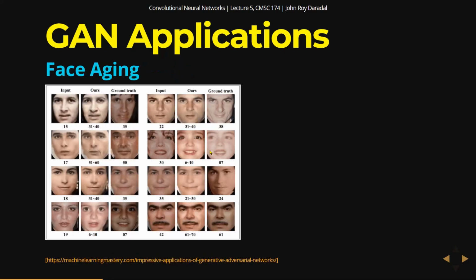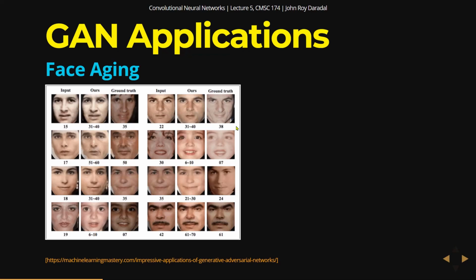And then face aging, so you try to estimate how a face would look if it's aged by, let's say, plus 10 years or plus 20 years and so on. Or even going backwards, from 30 years old, what would it be if it was 10 years old? You'll notice it's quite similar to the ground truth.